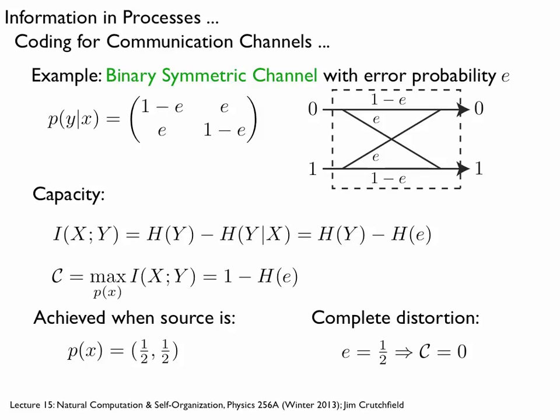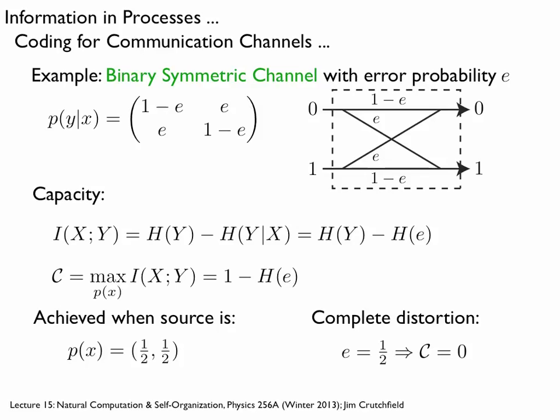In this case, I can use this expression for the mutual information: uncertainty of the output minus the uncertainty of the output given the input. The uncertainty of the output just sits there, but this conditional uncertainty is simply given by this little biased coin flipping process, and that's just this explicit function, h of e, the binary entropy function with error probability e. So you know exactly what that is.